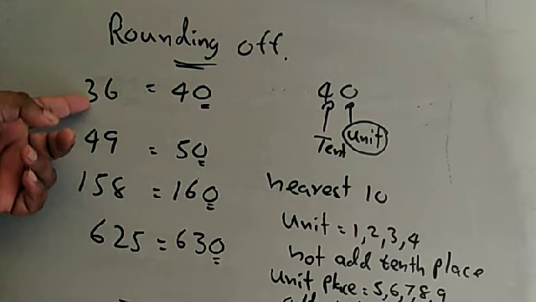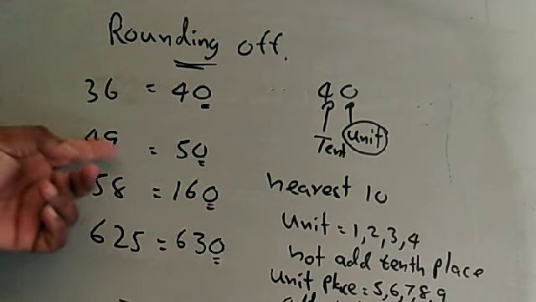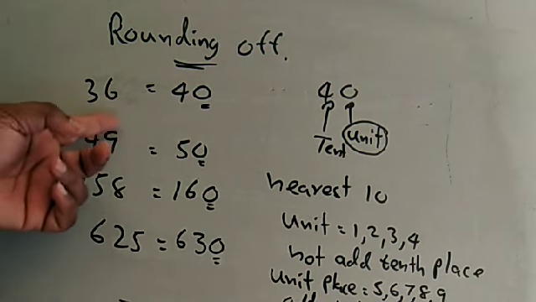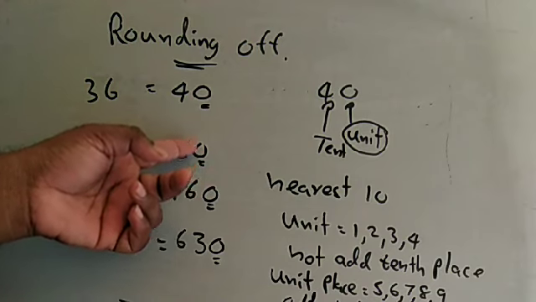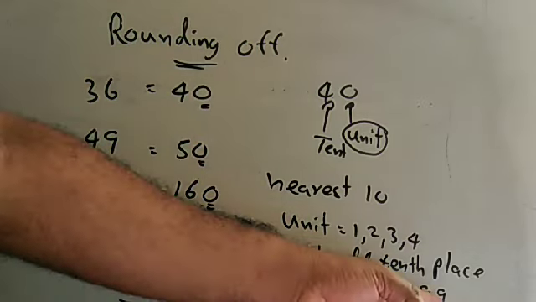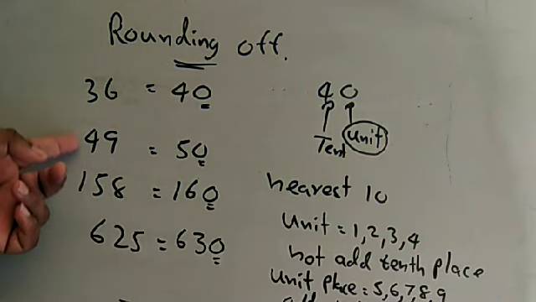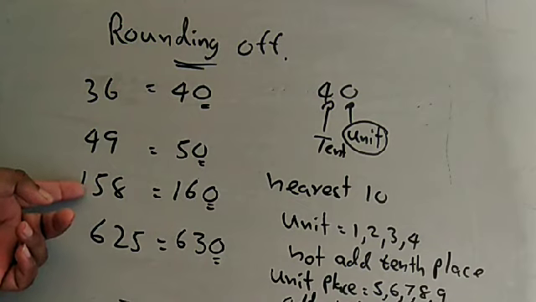Here the 10th place is 3. 3 plus 1, 4. Then 40. Then 49. The unit place is 9. Put the 0. 9 is above 5, so add 1 to the 10th place. 4 plus 1, 5. 50.